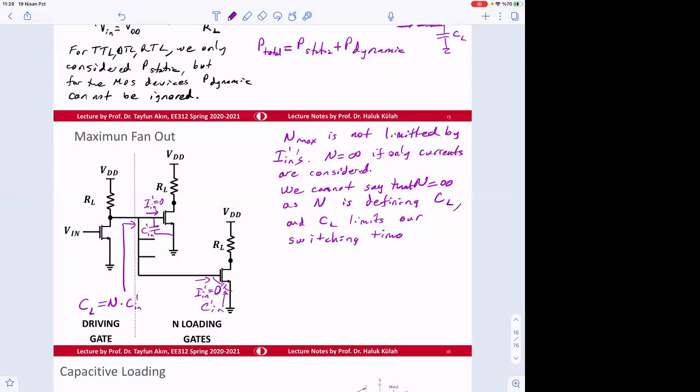So the transistor off and on time is going to be determined by that CL.